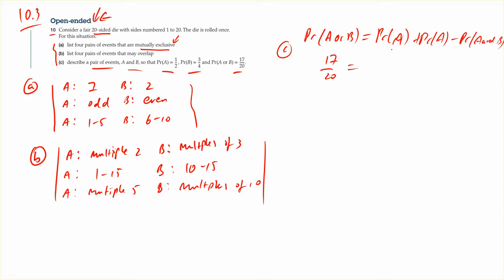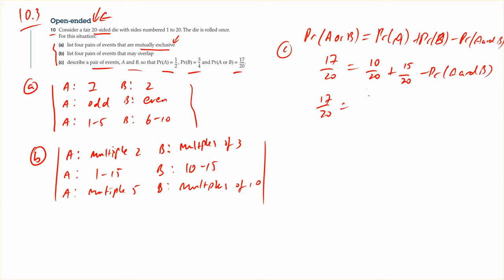The probability of A or B is 17 out of 20. The probability of A is a half. For convenience, because we're doing fractions, I want to change this to out of 20. So a half of 20 is 10. 10 on 20 is the same as a half. And the probability of B is 3/4, which is 15 out of 20, minus the probability of A and B. Now let's add these together.